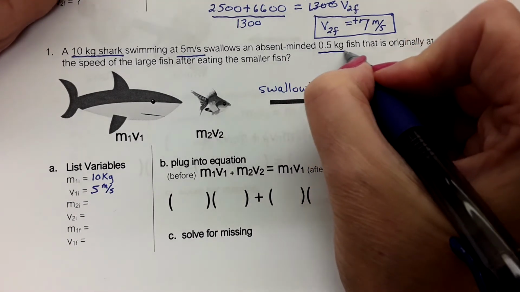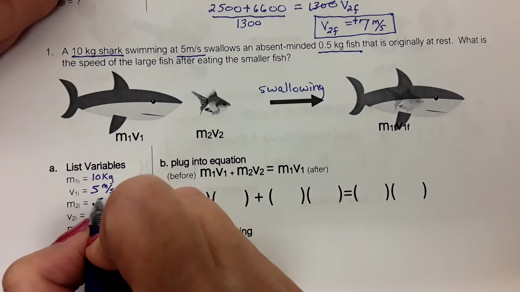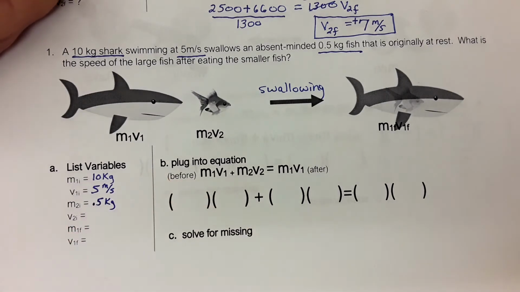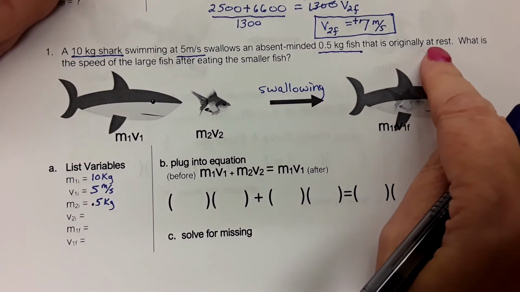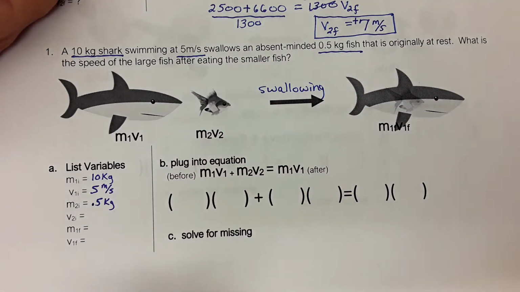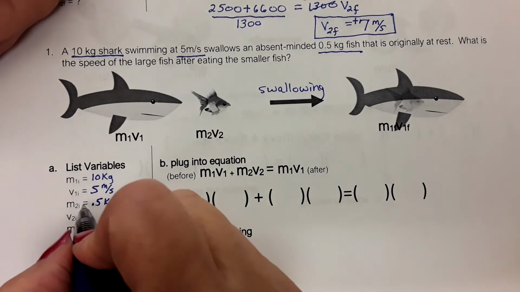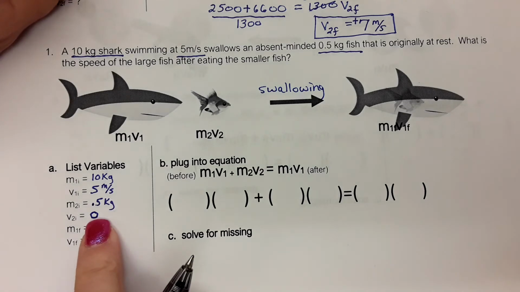So here's our second object. Half a kilogram for mass 2. So put 0.5 kilograms right there. It says that fish is originally at rest. In other words, it's not swimming around, it's just sort of hovering over the bottom there, okay? So its initial velocity is 0.